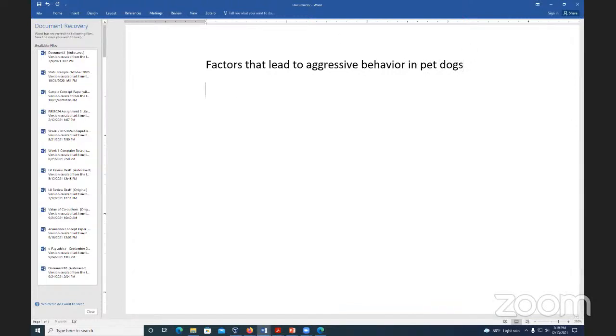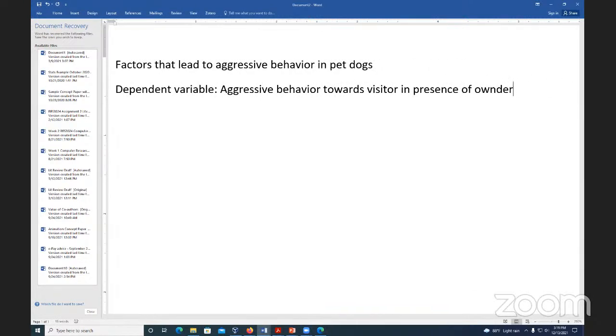So the thing is, the dependent variable, that's what I'm trying to get at, is aggressive behavior towards a visitor in the presence of the owner. I'm just trying to get exactly what the variable is, and is this just a yes or no? Yes. And then what are all the independent variables?